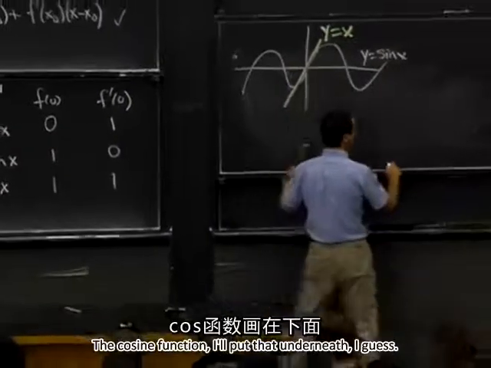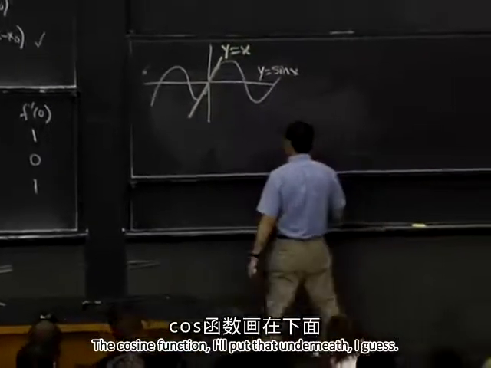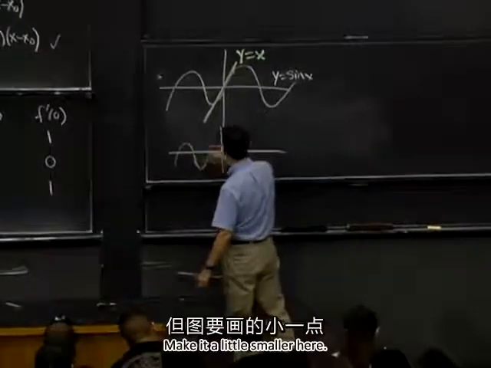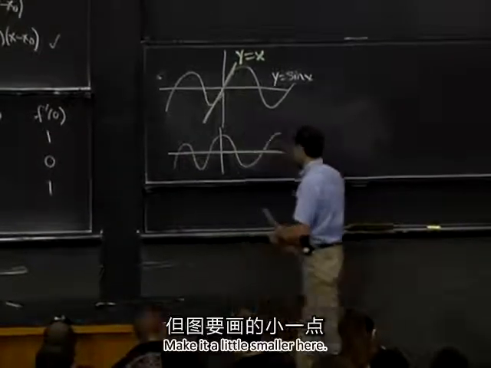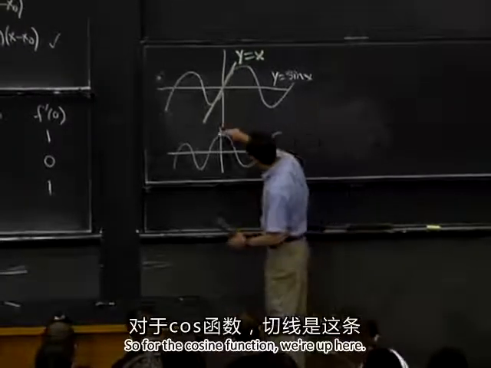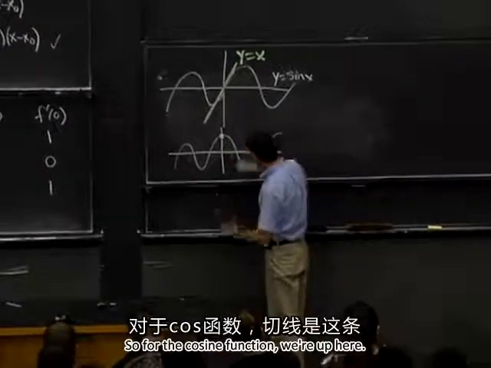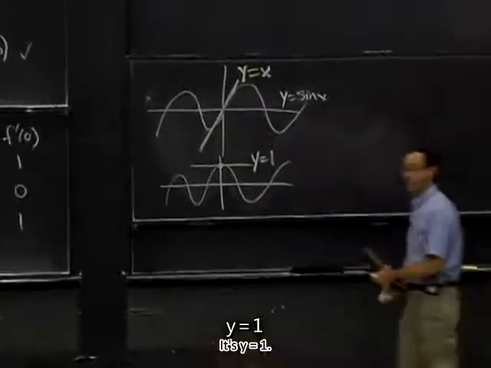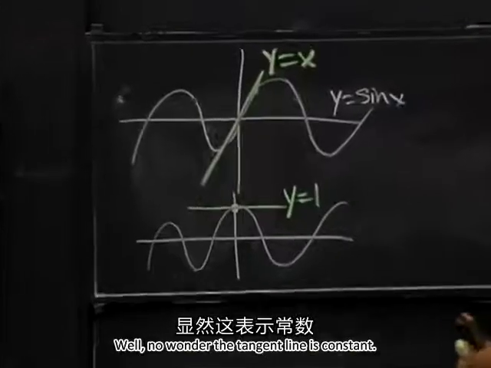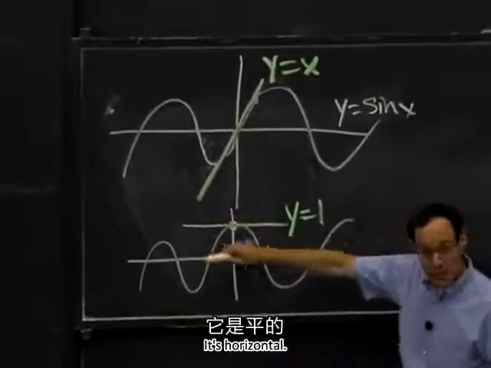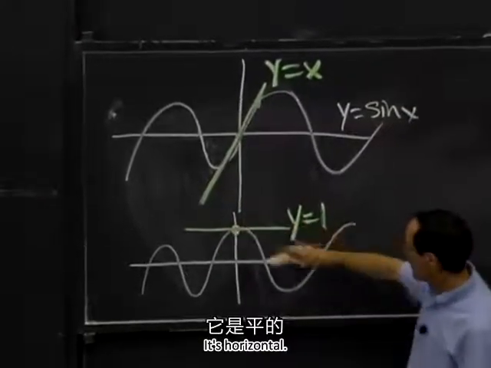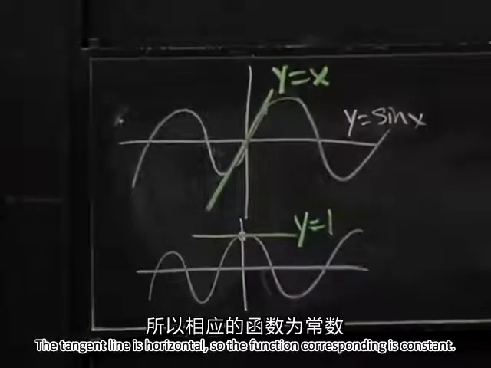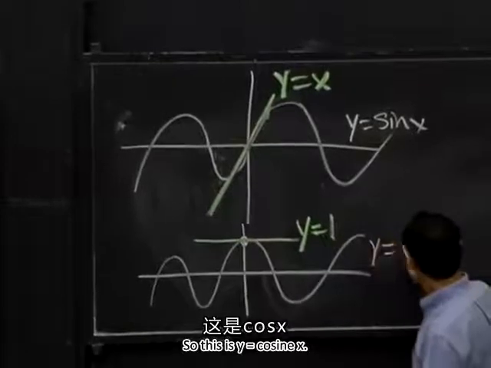The cosine function, I'll put that underneath, I guess. I think I can fit it. Make it a little smaller here. So for the cosine function, we're up here. It's y equals 1. Well, no wonder the tangent line is constant. It's horizontal. The tangent line is horizontal, so the function corresponding is constant. So this is y equals cosine x.